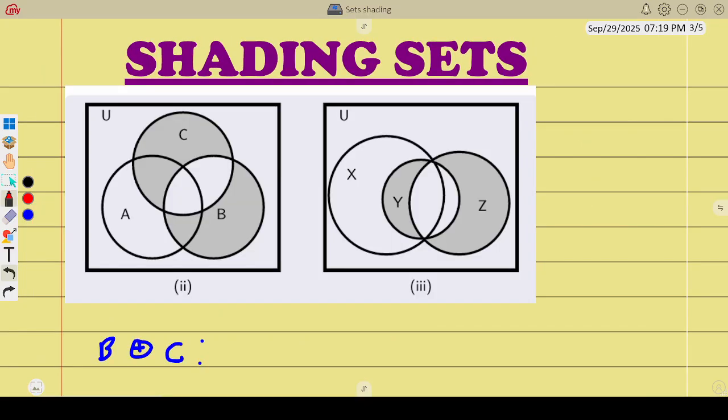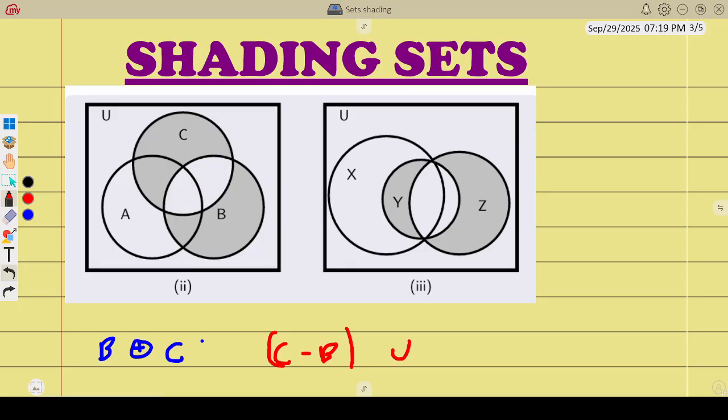Now you can observe this is B plus C, but the other way of writing this is, you can see we have shaded C but B is not part of the shading, meaning on top there we have C minus B. This is C. We haven't shaded this part because it's under B. And then we say union.